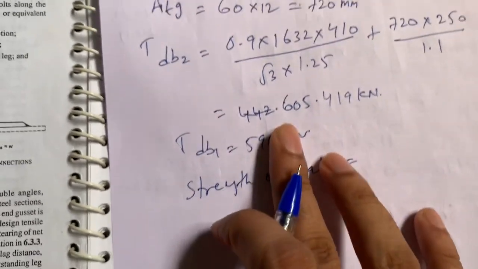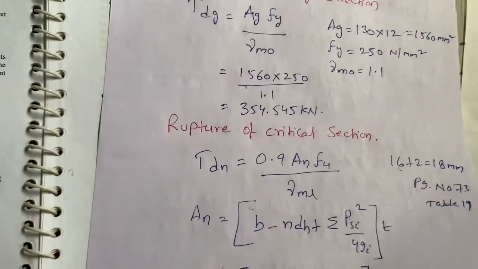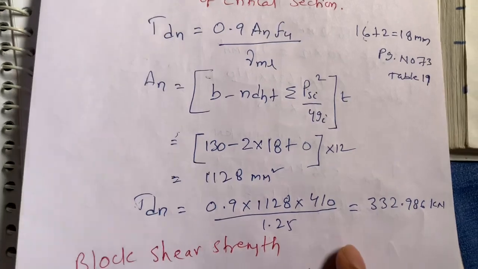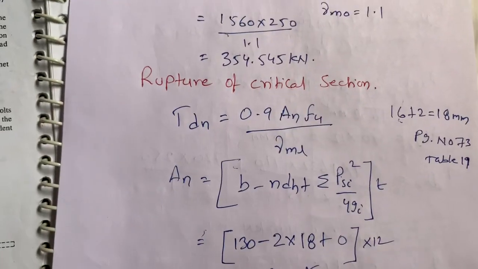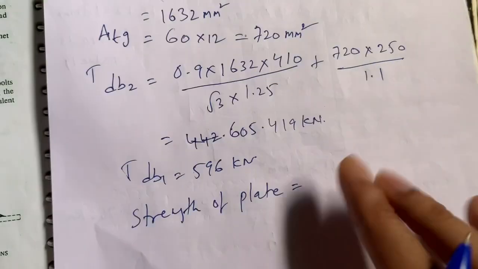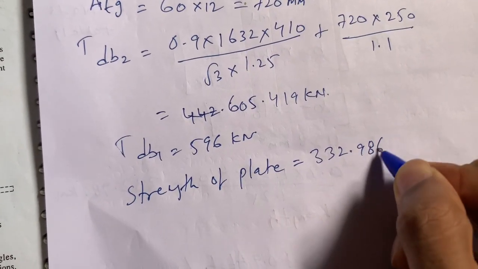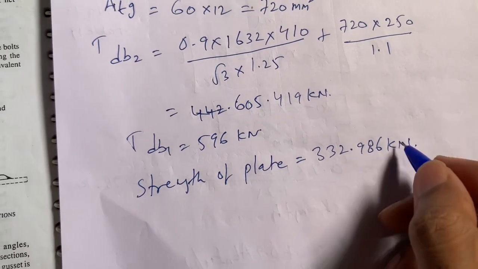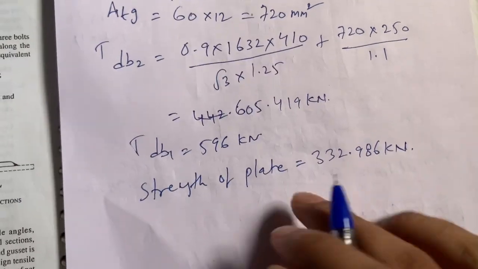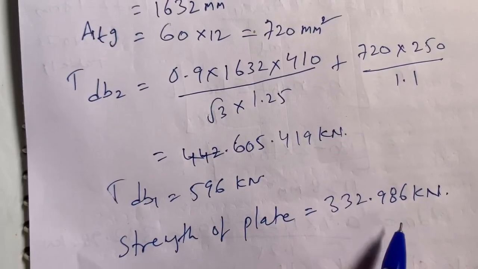In these three failures, the least value is 332.986, that is in rupture of critical section. We need to consider the least value, because the failure will occur at the least value.